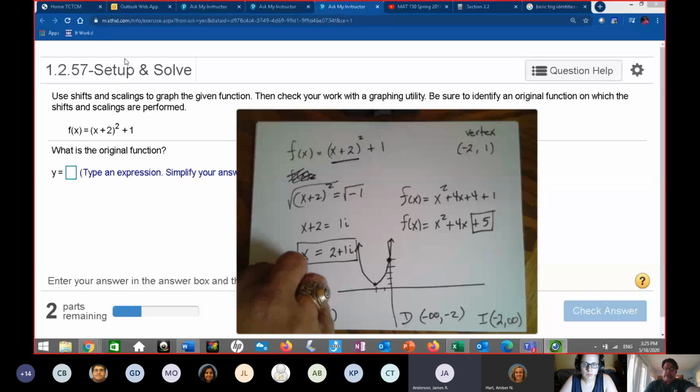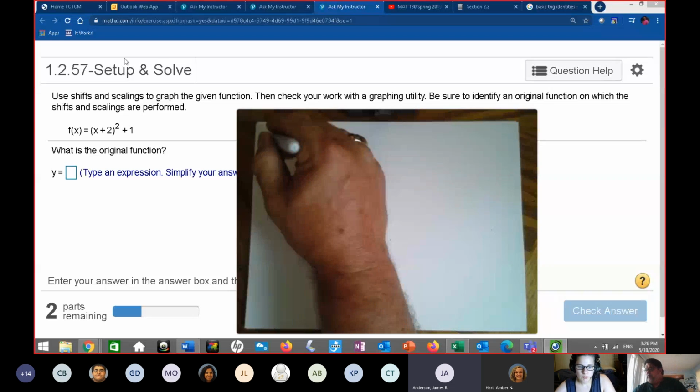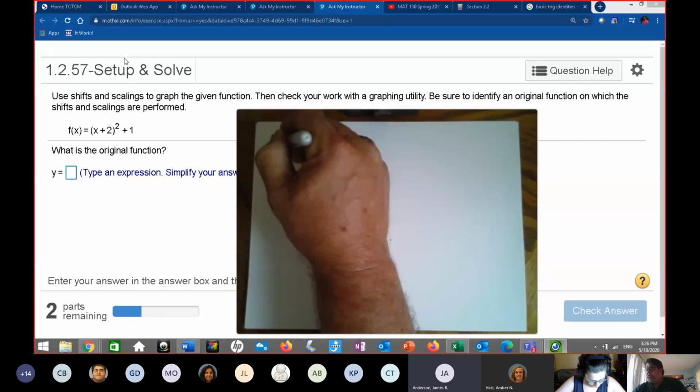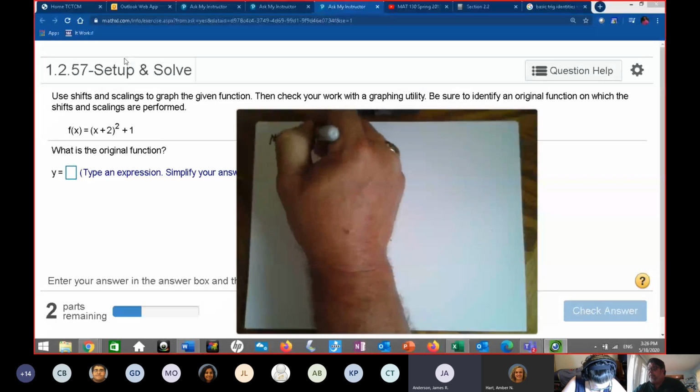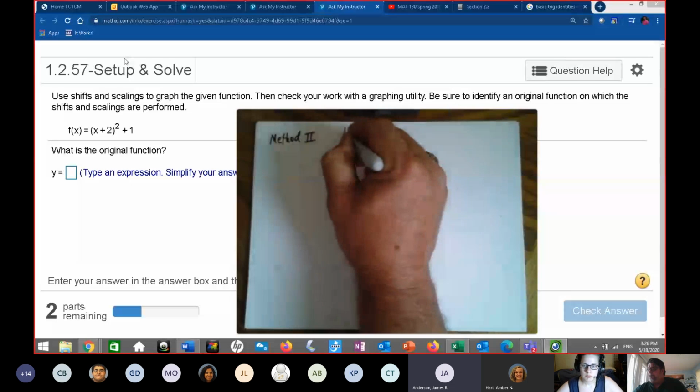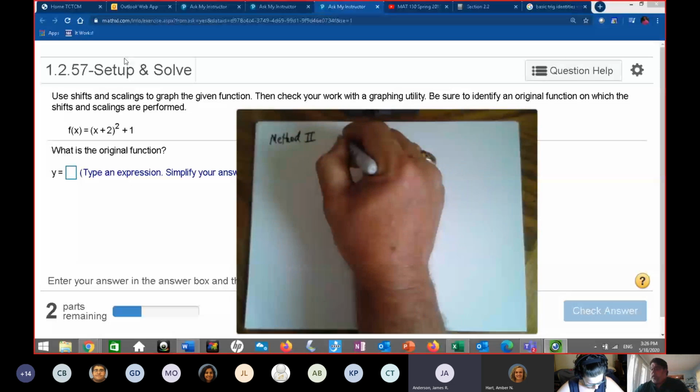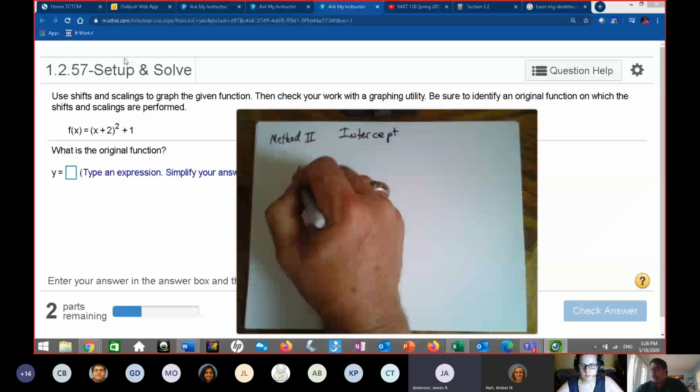Okay. Back in Algebra 2, you were taught the following method. Method 2, the intercept method of graphing. Take 2x plus 3y equals 6.